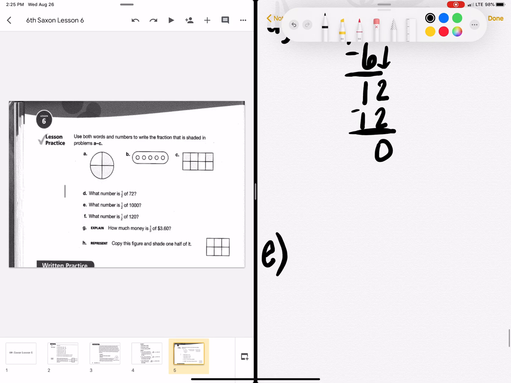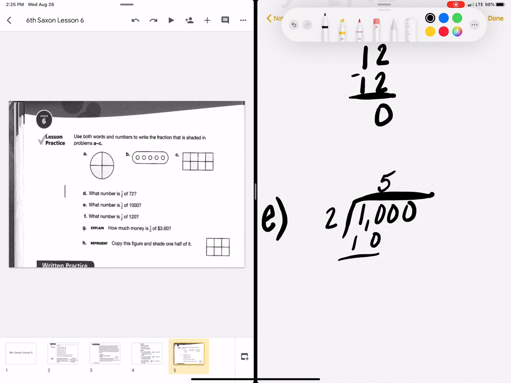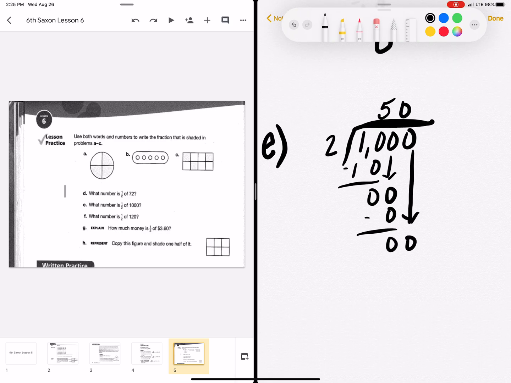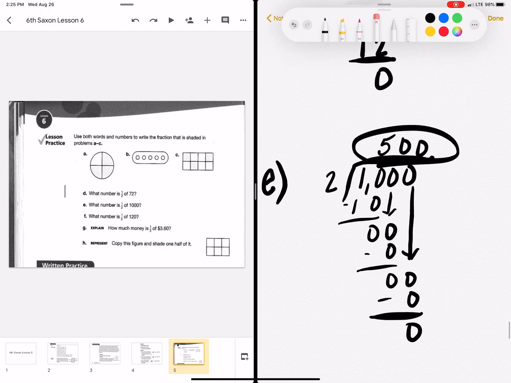E, what number is half of 1,000? Divide by the denominator, which is 2. 5 times 2 is 10. And now we're going to have lots of zeros. How many 2's are in 0? 0. 0 times 2 is 0. Subtract and get 0. So half of 1,000 is 500.